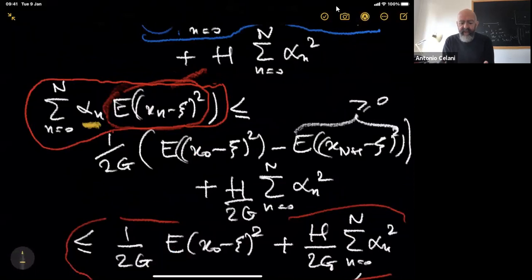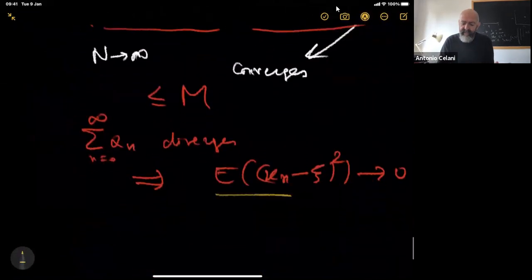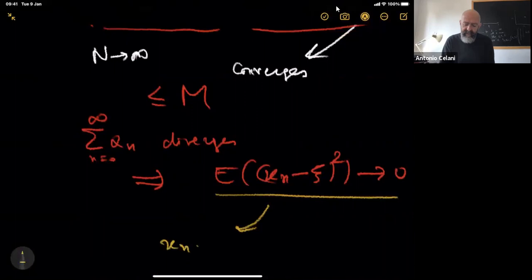So by contradiction, if you assume that this mean square error goes to a finite value, this will mean that the left-hand side is infinite. So it doesn't work. These things cannot work unless this condition is met. And this implies x_n going to psi with probability 1. So this is the essence of the mathematics.